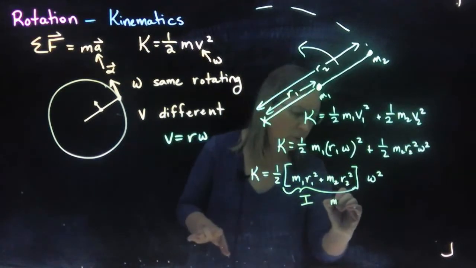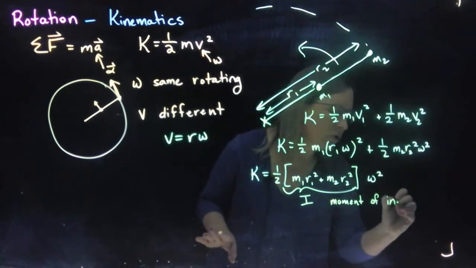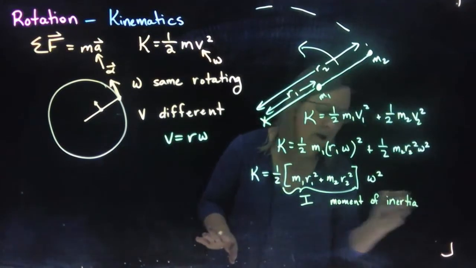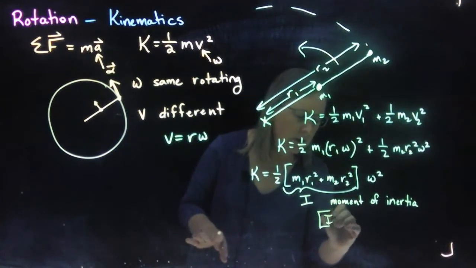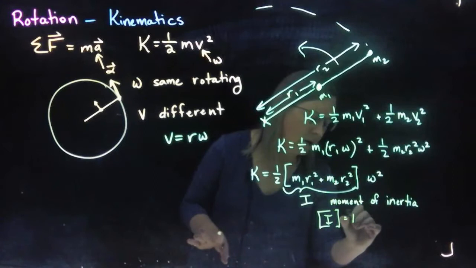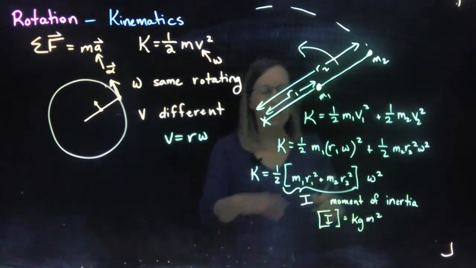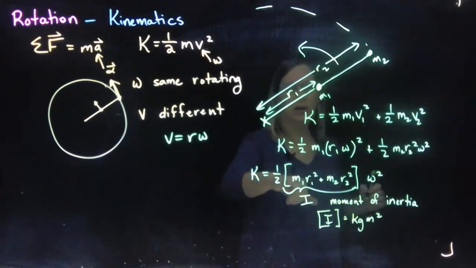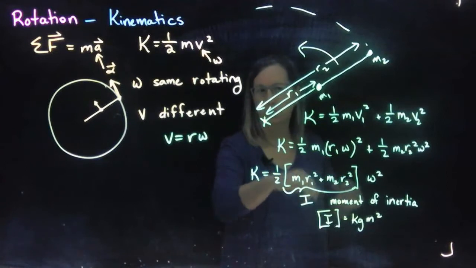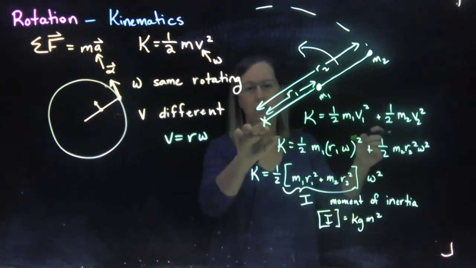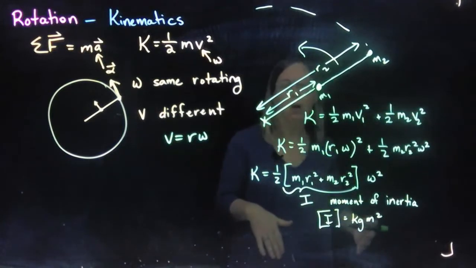So this is moment of inertia, and it has units. The units of this I are kilogram meters squared, because it's mass times this. The moment of inertia is just taking all the masses in an object and multiplying each by the distance from the axis of rotation, this r squared, and adding all of those up.